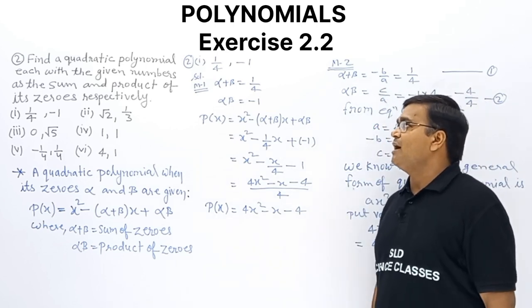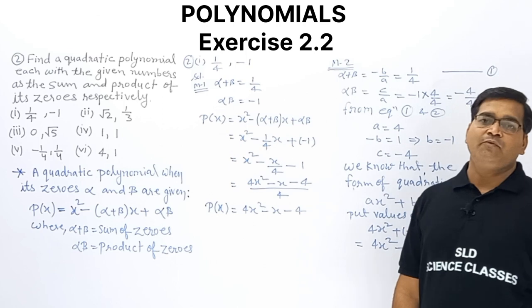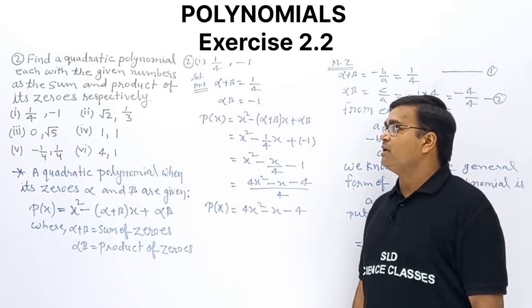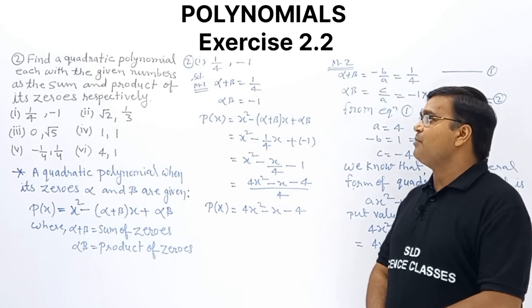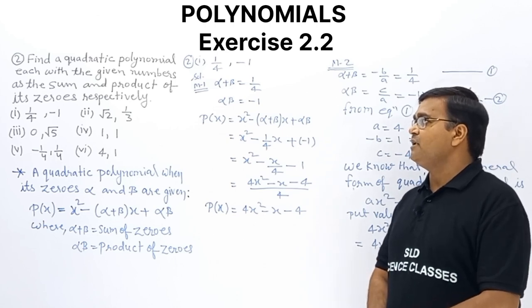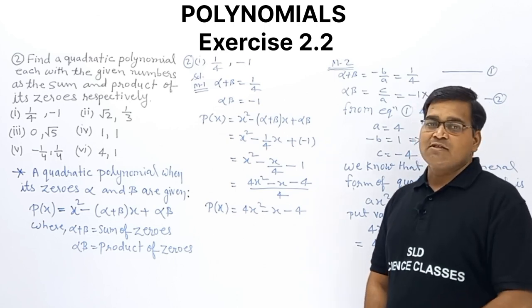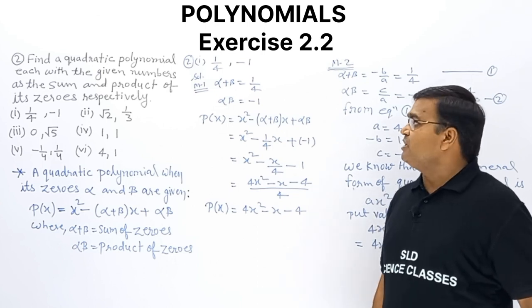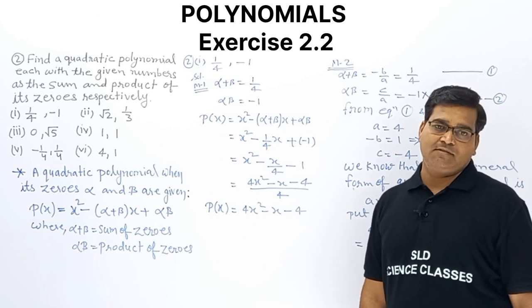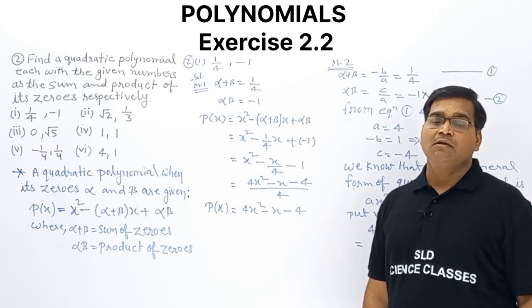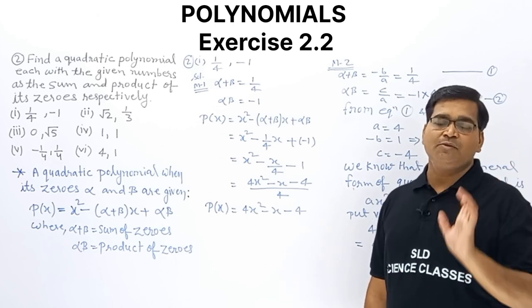Find a quadratic polynomial, each with the given numbers as the sum and product of its zeros. The sum of the zeros and the product of the zeros are given to us.